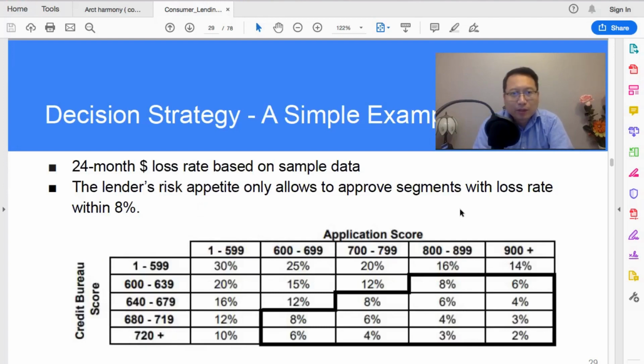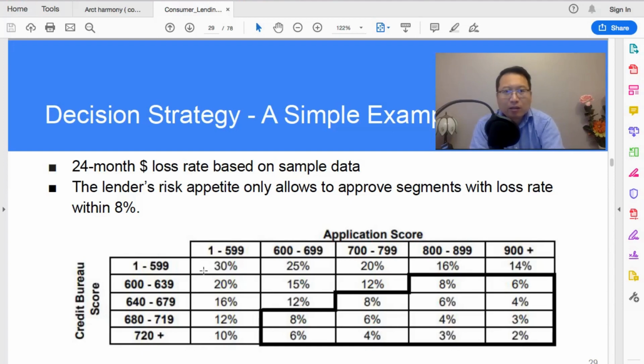This is a very simplified example. In the table, you can see horizontally on the top, we have the application score, ranging from 1 to 999. On the side, we have the credit bureau score. We have some score bands, and it shows the 24 months loss rate based on analysis of sample data.